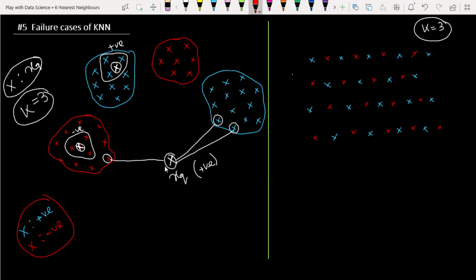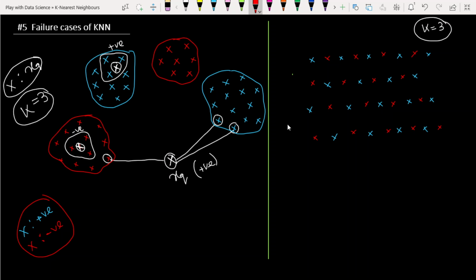But for this point, from the definition of KNN we get the output that this point will be positive, but actually it is not positive. It is totally an outlier, and by the distances you can see it does not lie in the clusters. So how does KNN solve these kinds of issues? We'll see this in the next lectures.